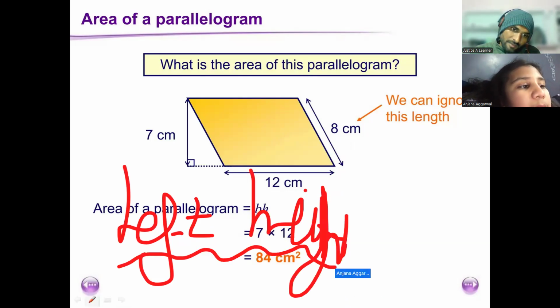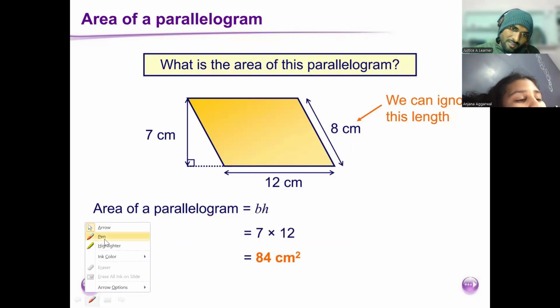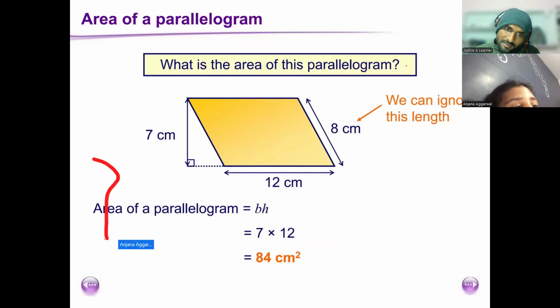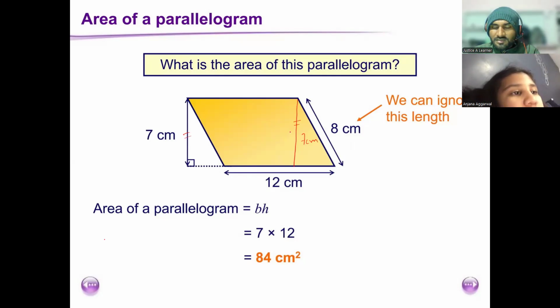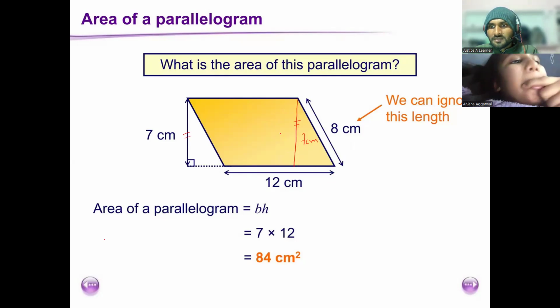Let me make it clear to you. It's not about left hand or right hand side. If we draw a line here, this would also be equal to 7 centimeter, isn't it? Because this is equal to this. Are you okay? So it's not about left hand side or right hand side. It's about what is given in the question.